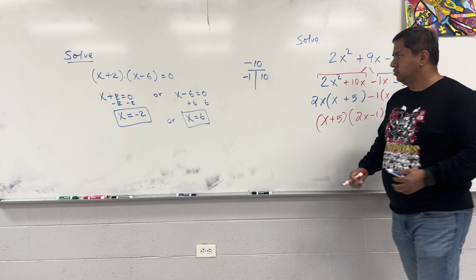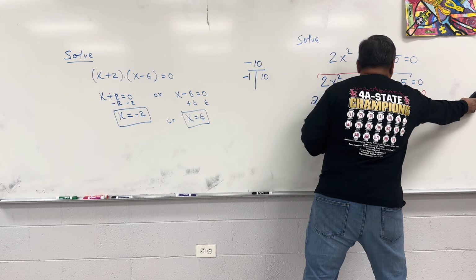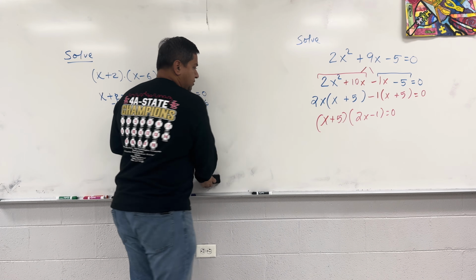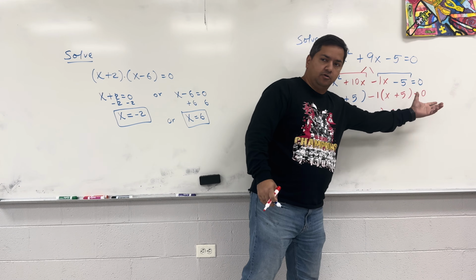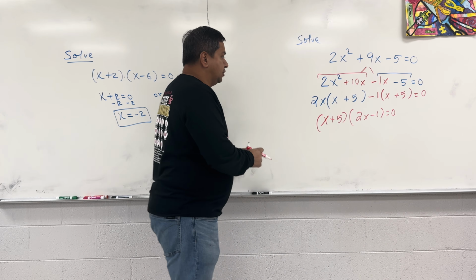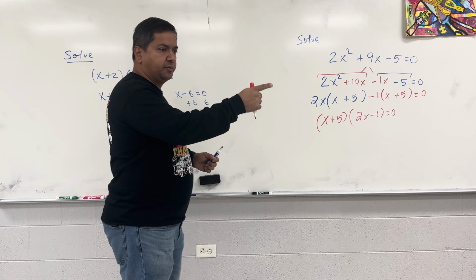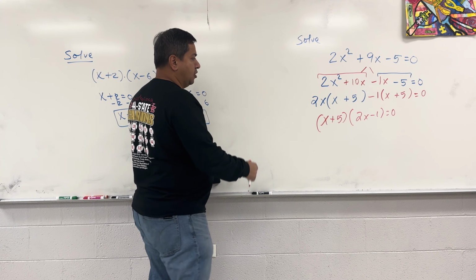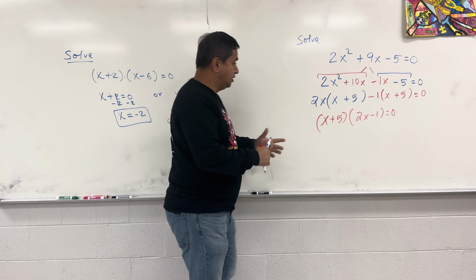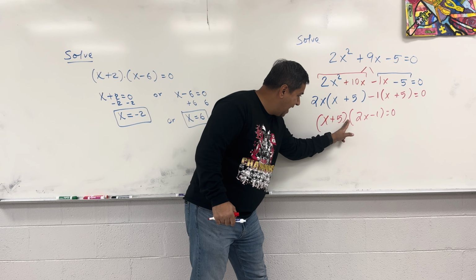So everything to this point is something we've done in the past, right? The only difference is now it has an equal sign and a 0 on the other side. This is where your zero product property or zero factor property that we wrote earlier comes into play. So now at this point I have that times that.